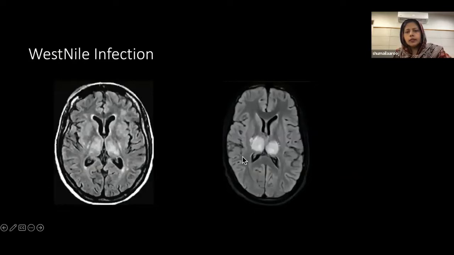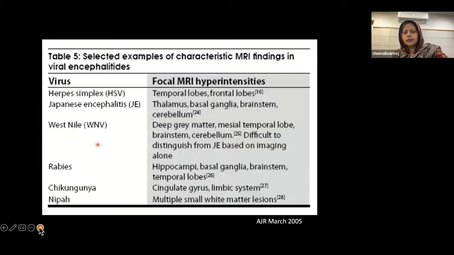I have seen similar appearance in case of dengue as well. Recently, there were 2 cases who presented. One had bilateral thalamic signals without hemorrhage, another had bilateral thalamic signals with hemorrhage. So dengue is showing a lot of variations in its presentation. There are cases in which there are subdural and epidural hemorrhages as well.